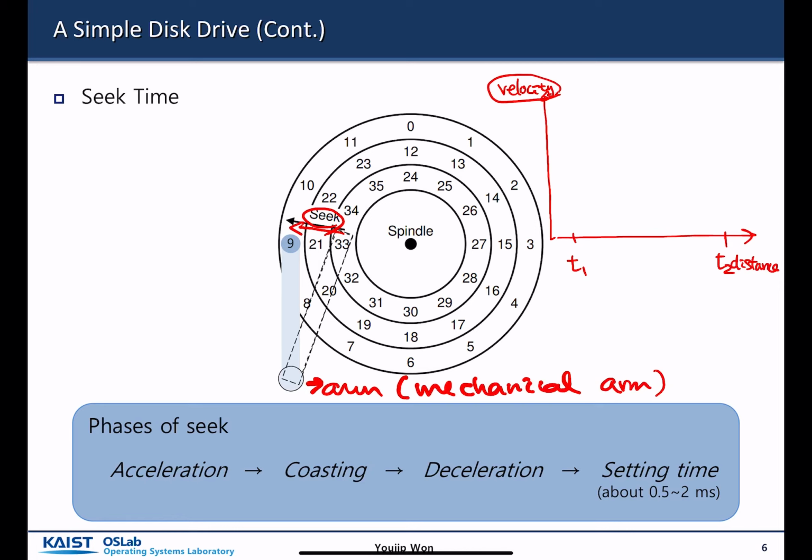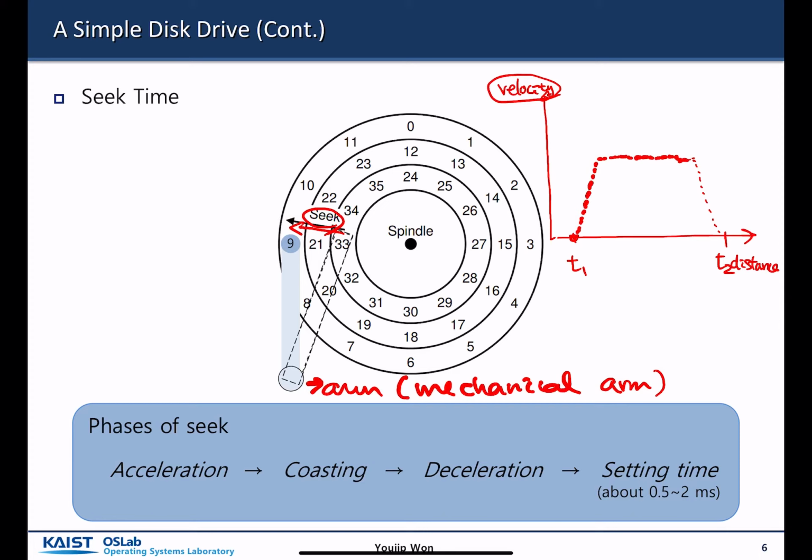At the beginning, the disk arm was fixed at a certain track, and then it keeps increasing its speed, and then coasts, and after it reaches near the region of the target track, the head speed goes down.